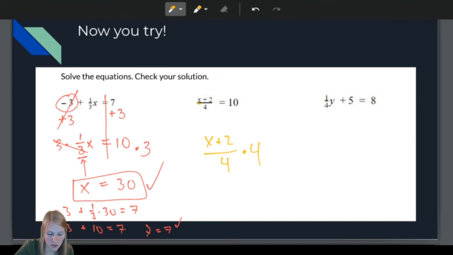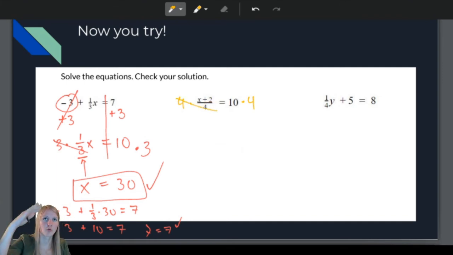Because the fraction is along the whole thing, I better multiply by 4 on both sides first. So that will get this to go away: 4 on the top, 4 on the bottom goes away. I have x plus 2 equals 10 times 4 is 40.